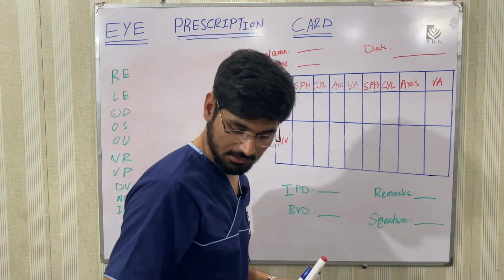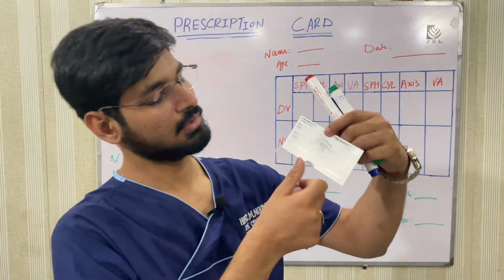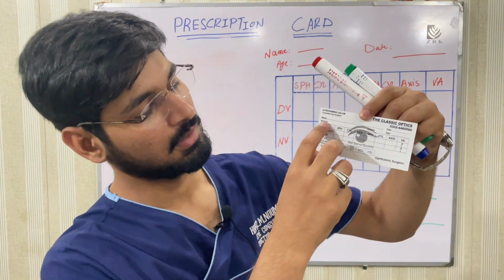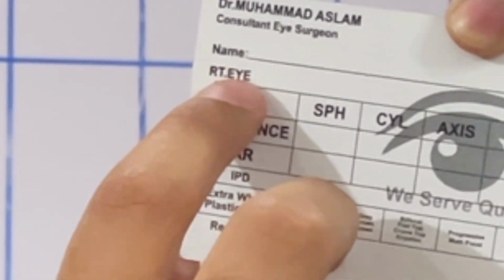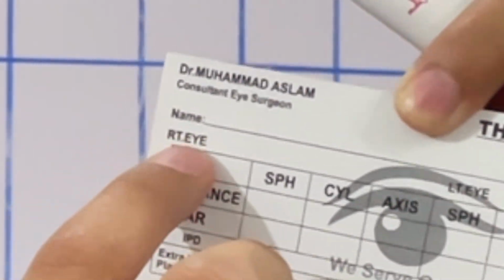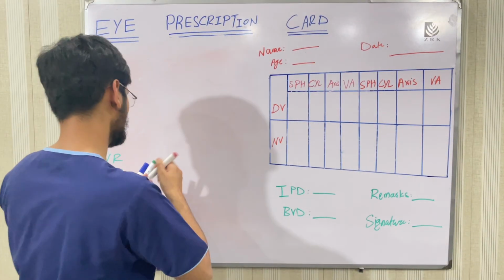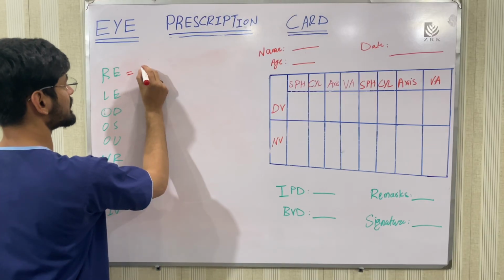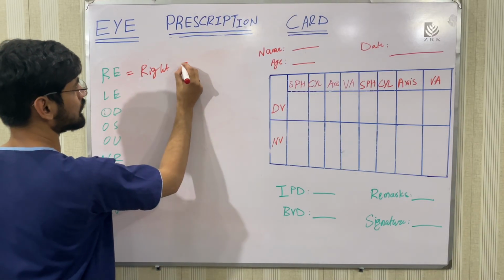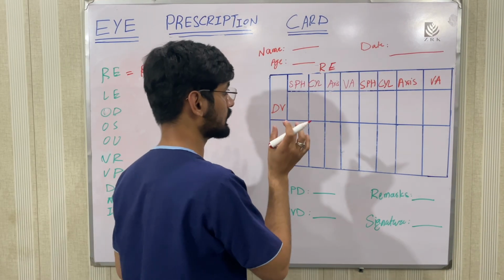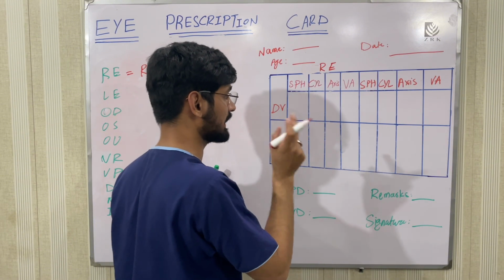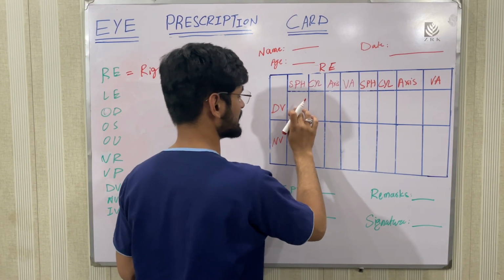So here you see a card. This is the eye prescription card. Here at the right top, you can see right eye. So RE means right eye. If we want to record the refractive status of the right eye, then we will mention the number here.